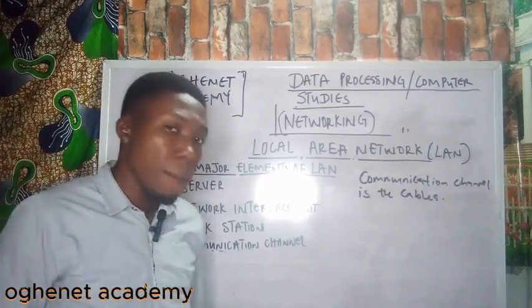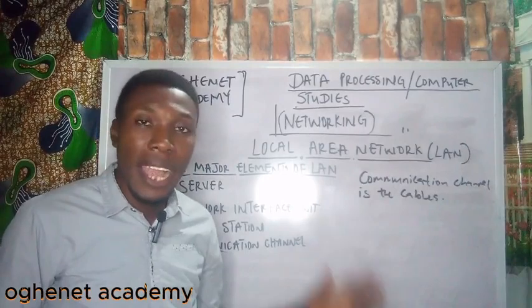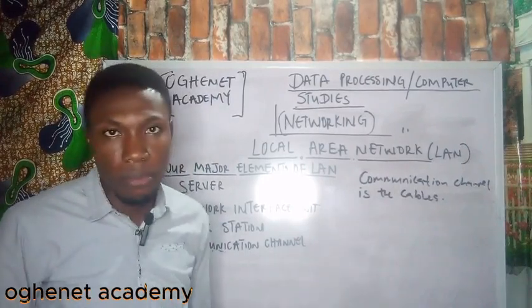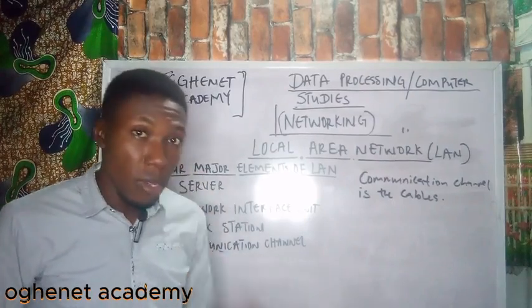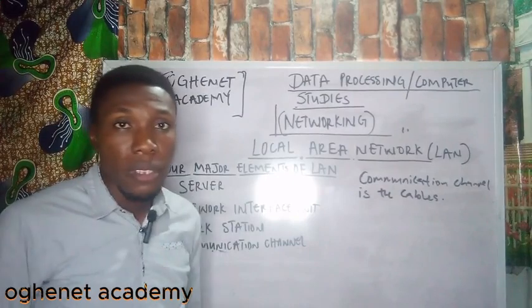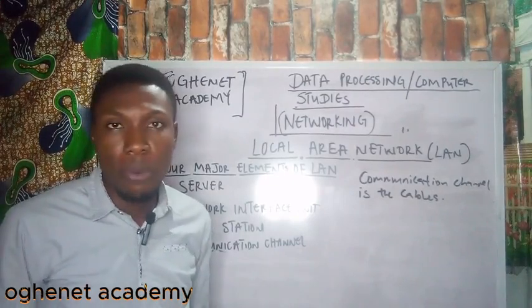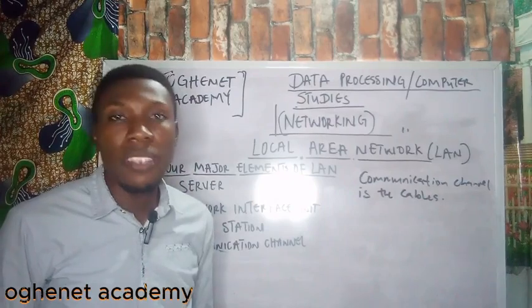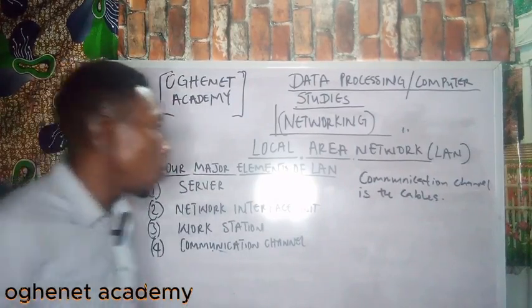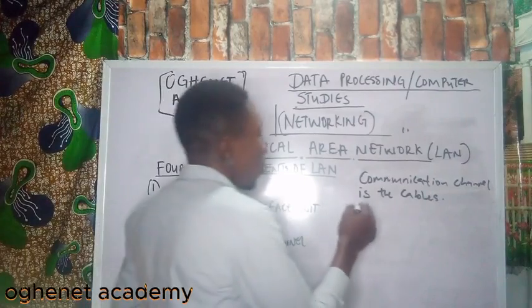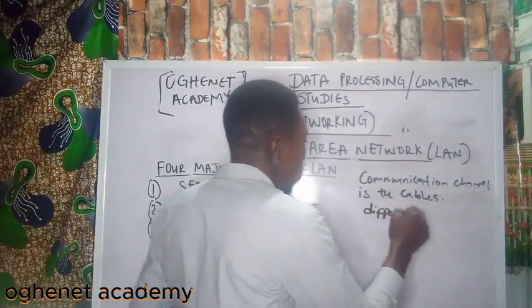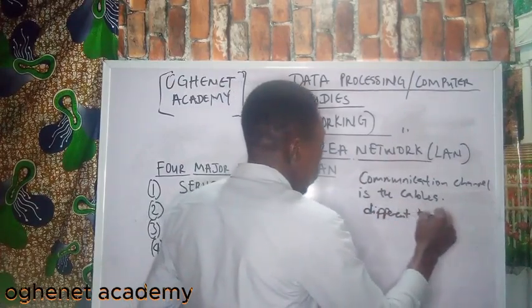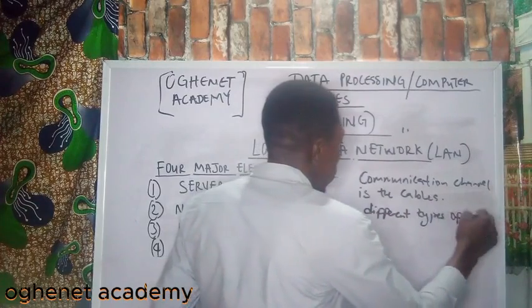So now we have different kinds of cables. We have the twisted pair cables, we have the coaxial cables, and then we have the fiber optic cable. So now, the different types of cables.